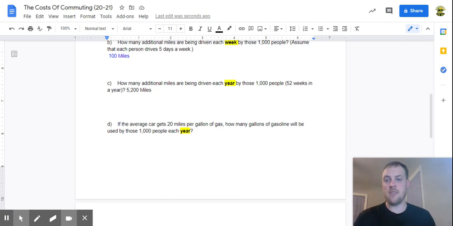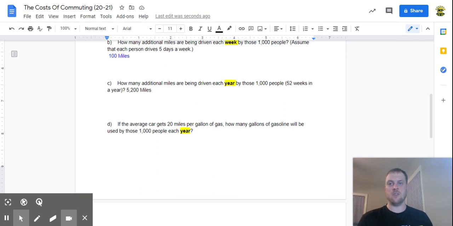We've got to do a little more math here, except this time we're looking at some division. So we're dividing that 5,200 extra miles by 20, right? Because we're getting 20 miles to the gallon.